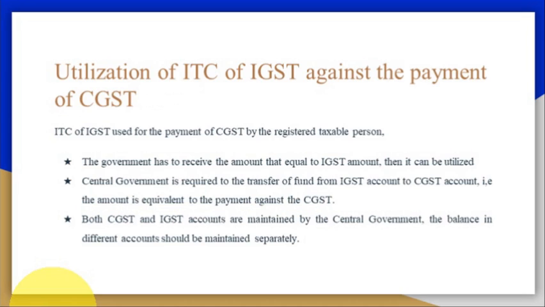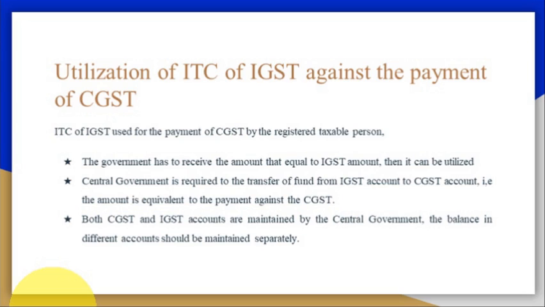Utilization of ITC of IGST against the payment of CGST. The government has to receive the amount equal to the IGST amount, then it can be utilized. The central government is required to transfer funds from the IGST account to the CGST account, that is, the amount equivalent to the payment against the CGST.